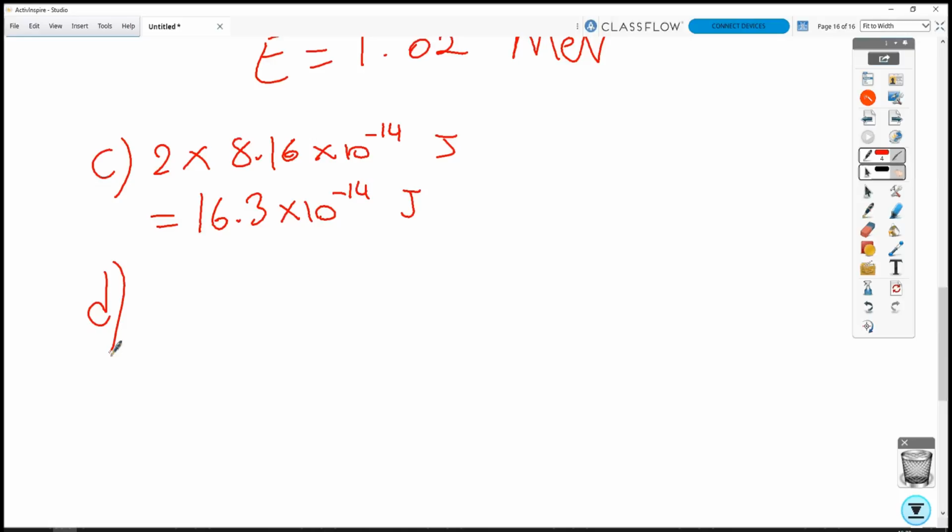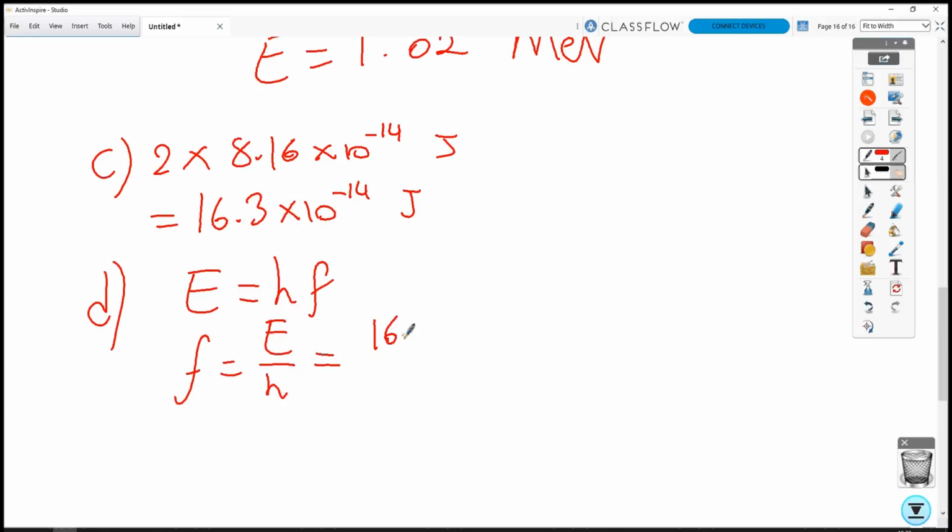And then lastly, we're going to use E equals hf with our answer from part C to find the frequency. So E equals hf. We're going to rearrange this to find f. So f is equal to E over h.